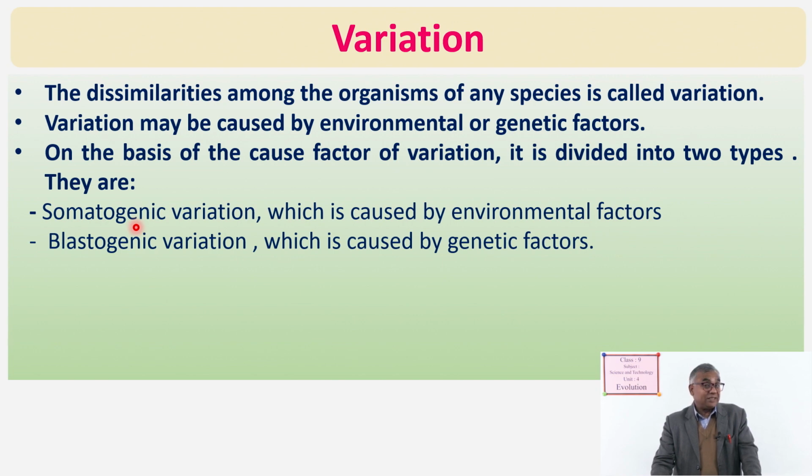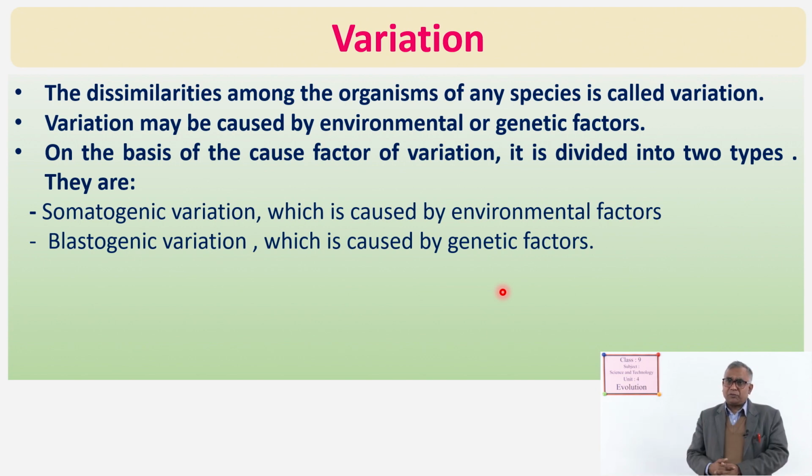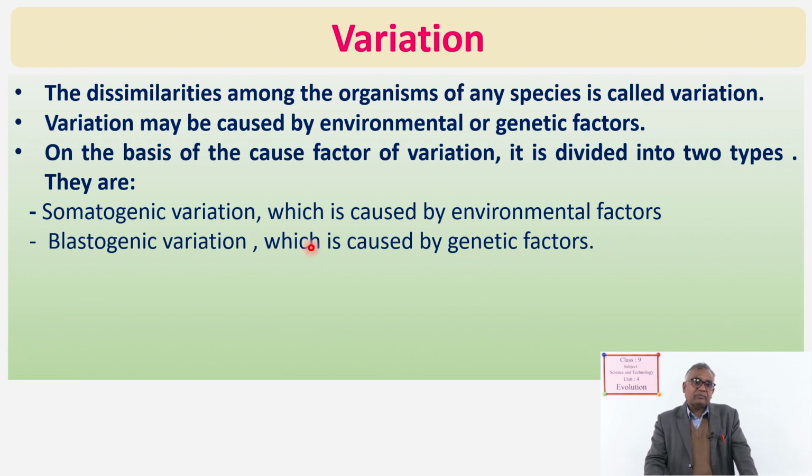Somatic, vegetative, somatic, and from that this word has come, somatogenic. And blastogenic variation is that which is caused by genetic factors, because of genes, disorder in genes, disorder in number of chromosomes. Because chromosomes also contain genes. So that is blastogenic variation.